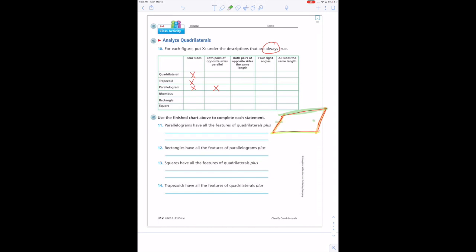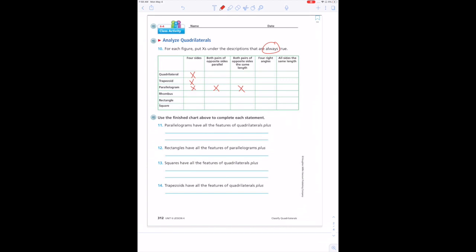So this side and this side have to be the same length, and this side and this side have to be the same length in order for it to be a parallelogram. Okay, so opposite sides are the same length. No, they do not have to have 4 right angles, and no, not all sides have to be the same length, just the opposite sides.